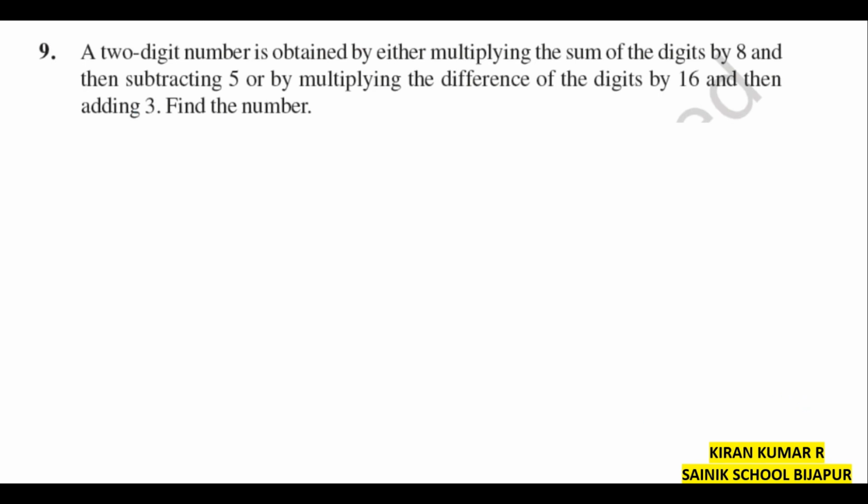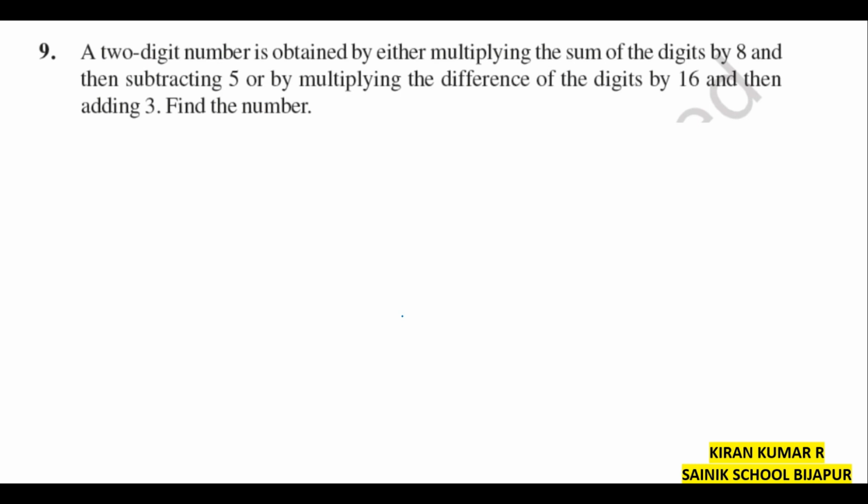Read the question carefully. A two-digit number is obtained by either multiplying the sum of digits by 8 and then subtracting 5 or by multiplying the difference of the digits by 16 and then adding 3.